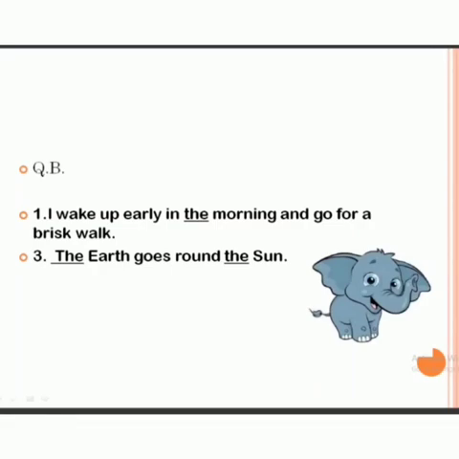I wake up early in the morning and go for a brisk walk in the morning. Number 3. Dash earth goes round dash sun. Before earth we will have to place the. The earth goes round the sun. Rest of the blanks you can solve it at home.